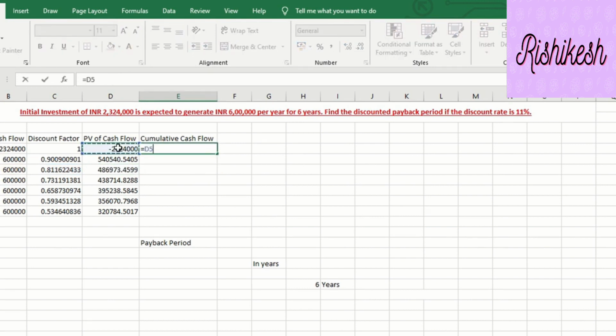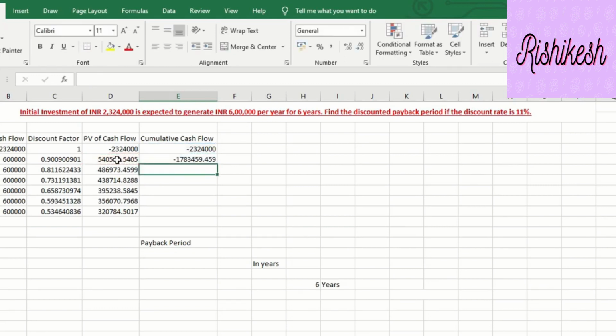In the beginning it will be this thing only. Now after this, this thing plus 5,40,000 that you have generated in the subsequent year. Next it will be this thing plus 4,86,000 something which you have generated in the next year. Similarly, you will keep on doing this. This will become 85,000 now.